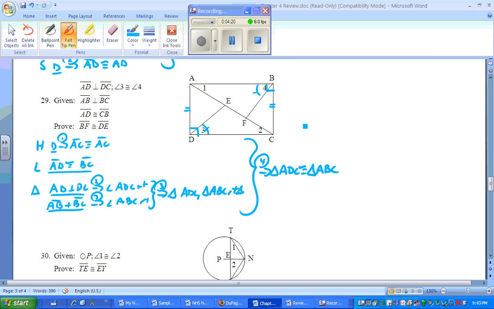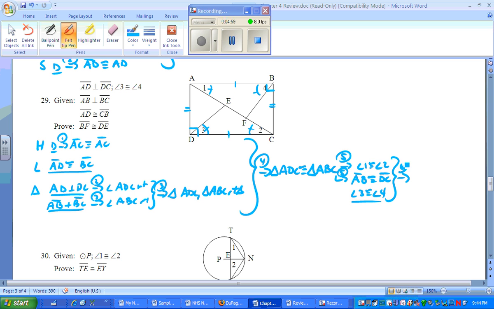Once those are congruent, our whole goal is to get this side and this side. So what I would do is I would take angle 1 and angle 2, and I would take this side, and we could prove these two triangles by angle, side, angle. So from here, we can take angle 1 congruent to angle 2, and same reason, we can take AB being congruent to DC, and then we can use angle 3 congruent to angle 4, which was given.